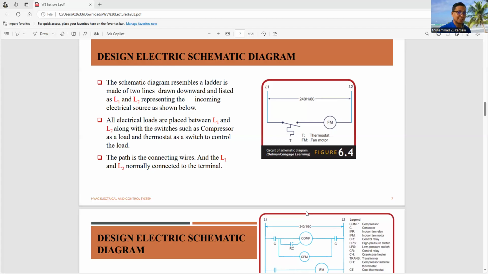Once the temperature meets the requirement, the switch will be closed. Closed means it will connect, interconnecting the wiring, and then the fan will operate.